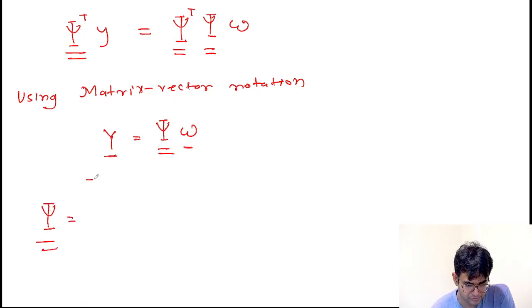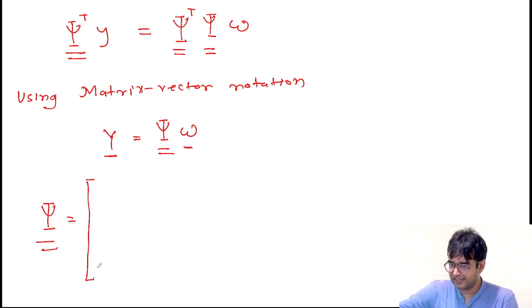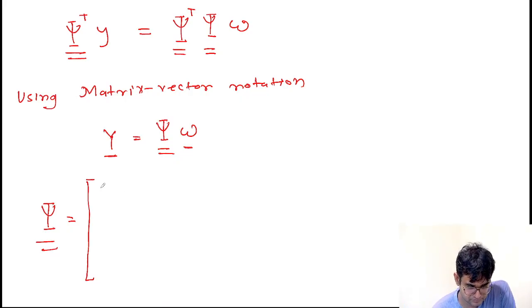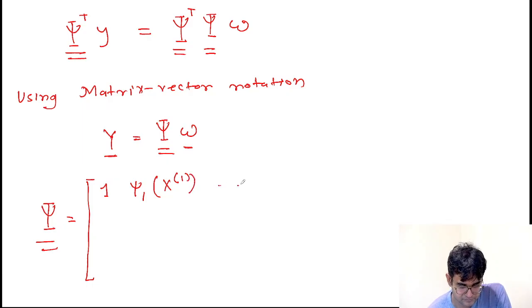You will evaluate psi for each of the training samples. So it will be equal to 1, which is my psi 0, psi 1 evaluated at x1, psi, how many bases? NB, right? NB evaluated at x1.